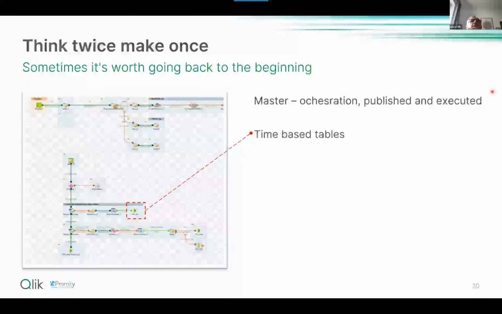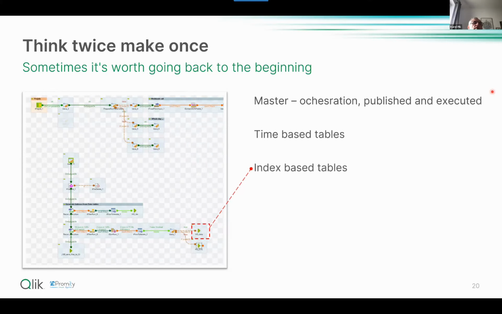So this is the way the tables are driven, let's say. As I said, we have time-based tables. This is the job which is responsible for the collection of the data for those tables which are driven by time. And we have another job which is for index-based tables. This one is responsible for those tables which are collected based on a certain index.